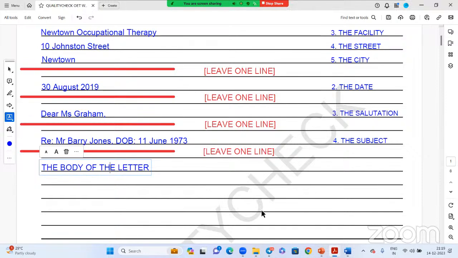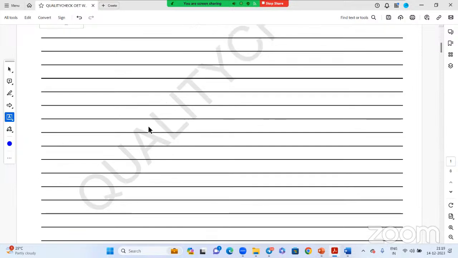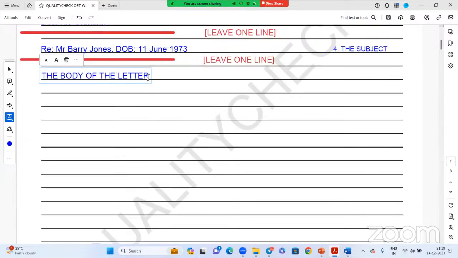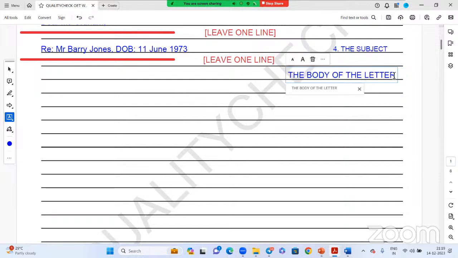So this body of the letter, you will write. Let us take the body of the letter. You can say 5 paragraphs you'll write. Start somewhere here. Now this you can write in 5 paragraphs.